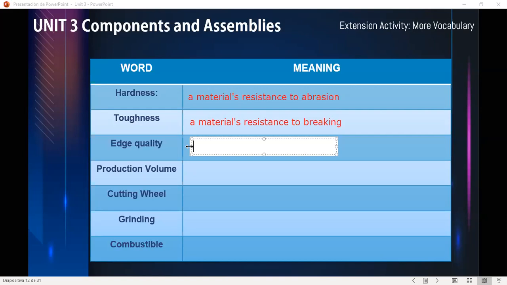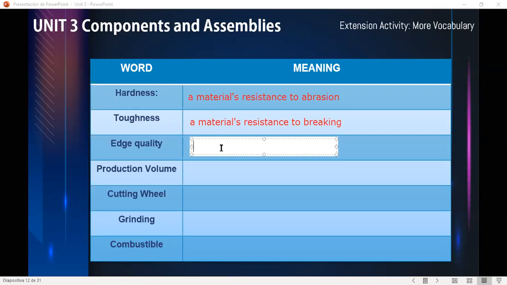Maybe I can say the design or shape. I don't know if that is correct, the shape of the materials. Well, according to the book, the edge quality in this case is known.